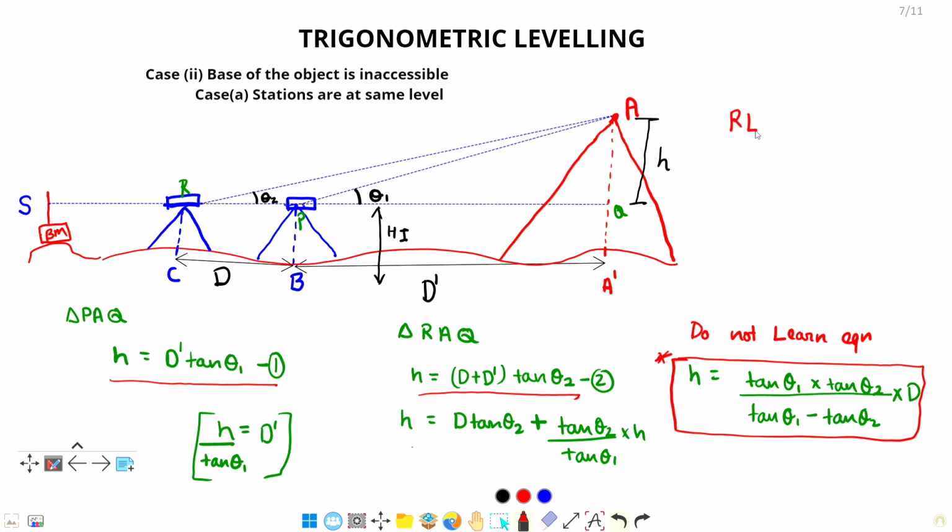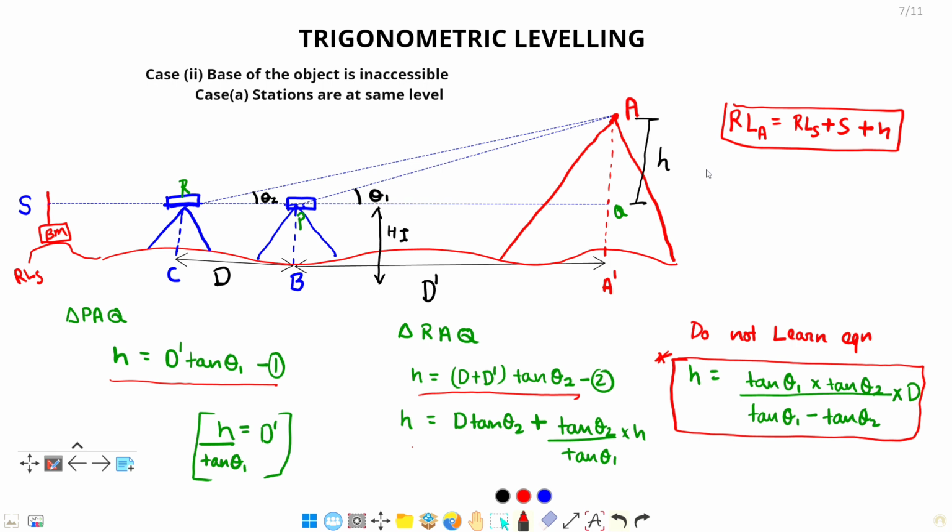again the RL process will be the same. RL of A will be RL of benchmark, that is RL of BM plus S, the distance backside, that is the height of instrument, and plus H. This is the same as the previous case, and you will get the RL of point A. So in this way, the first part of case second is done, and here also I did nothing, just applied the trigonometrical equation.